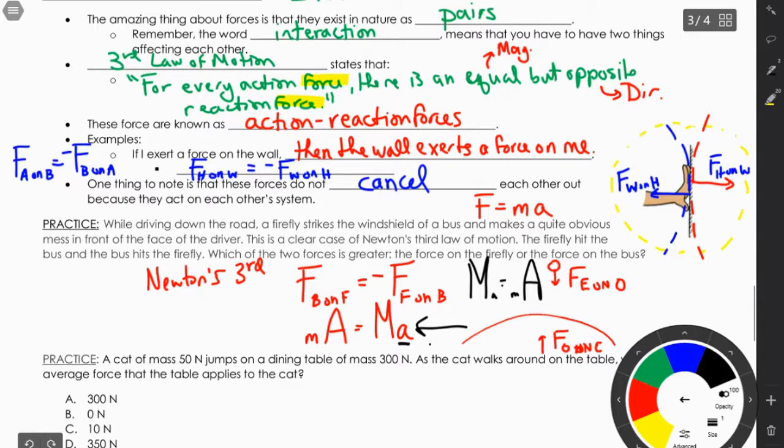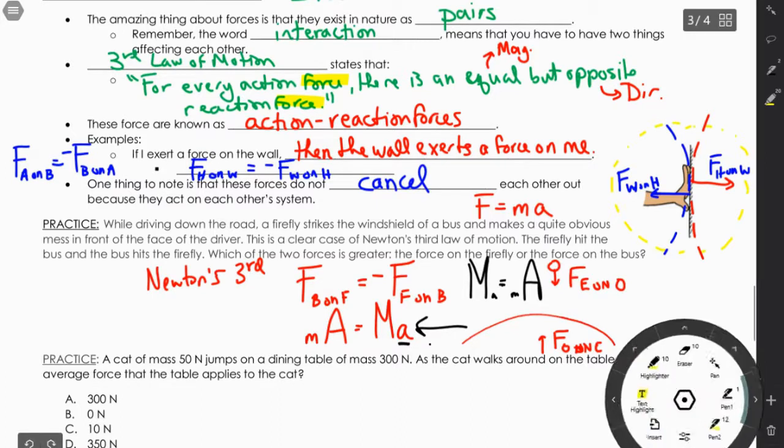So that would be this scenario. So you wouldn't see that acceleration. But in fact, if you drop something, that object is actually pulling the Earth up, but the Earth is not being accelerated at a very fast rate, okay? But again, this would be a multiple choice question, right? So it'd be like A, the firefly, B, the bus, C, not enough information, D, they're equal, or something along those lines, okay?